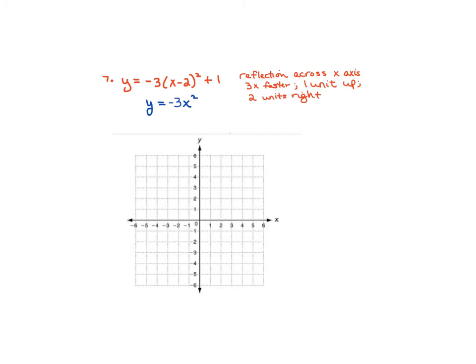Now notice the negative sign here indicates that it's going to be a reflection across the x-axis compared to our usual parabolas that look like the letter U. Now it's going to be an upside down U. But I'm going to go ahead and graph this function first, and again it's going 3 times as fast, and it's also reflected across the x-axis.